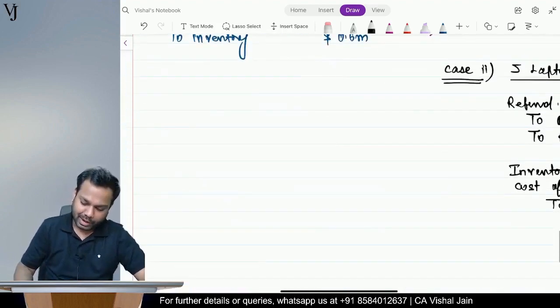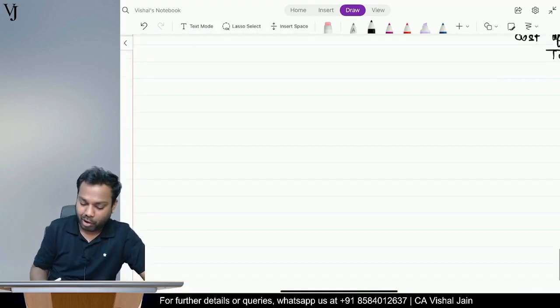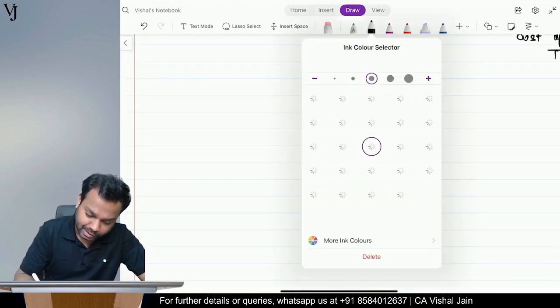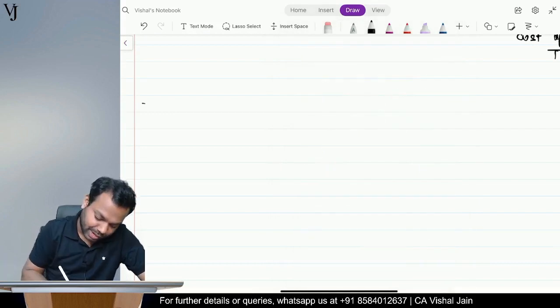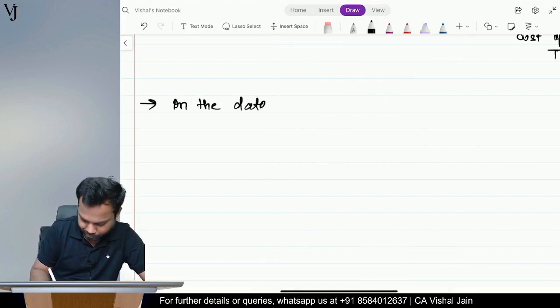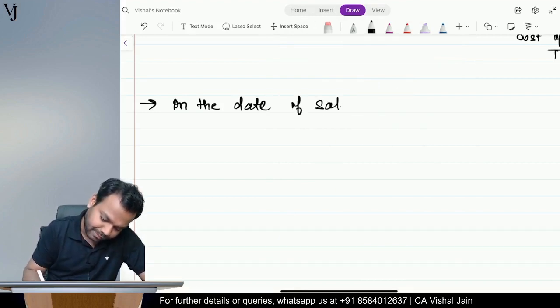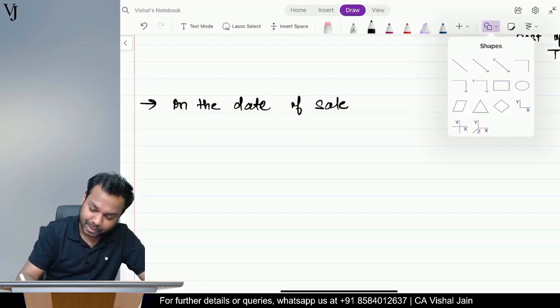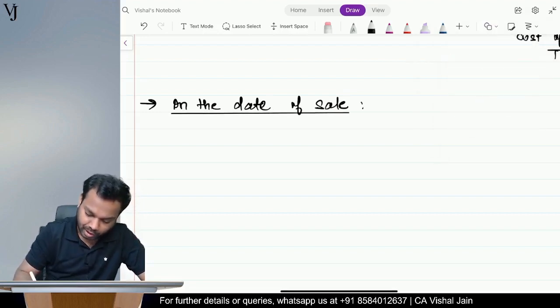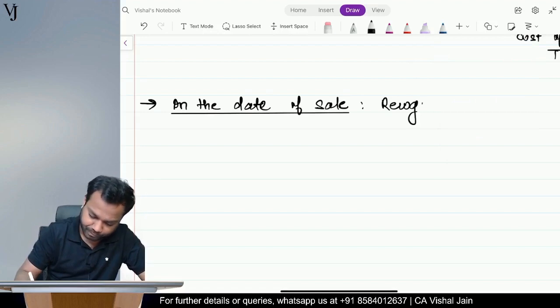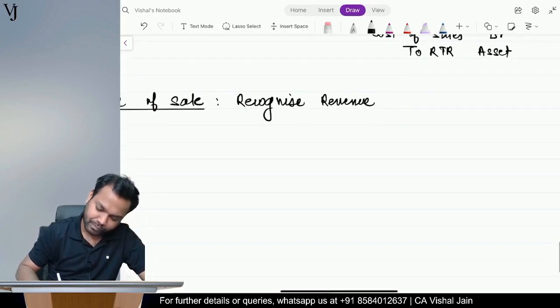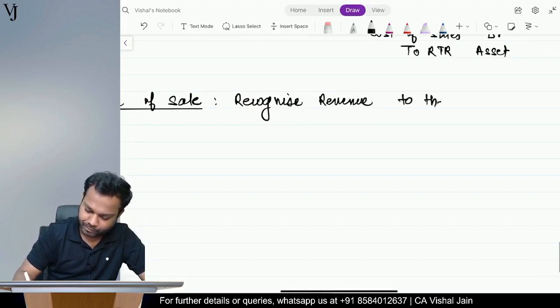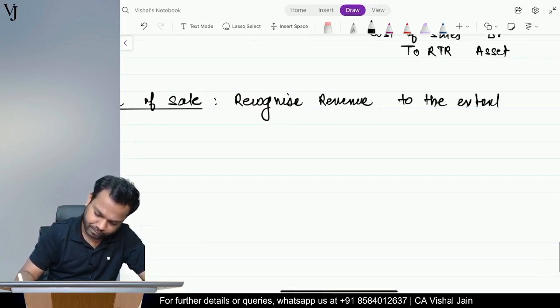Though I have discussed it from all the perspectives, I will write what the standard says for this one. The standard says on the date of sale, when the transaction happens, recognize revenue to the extent it will not be returned.